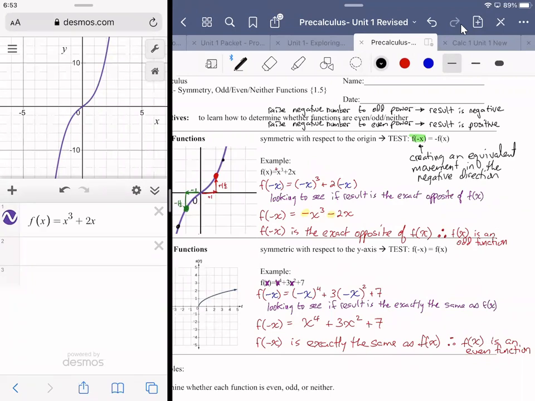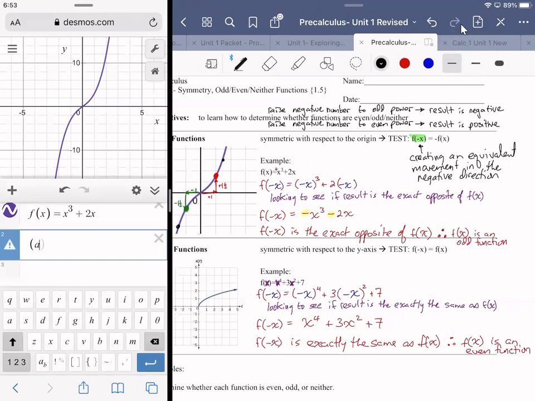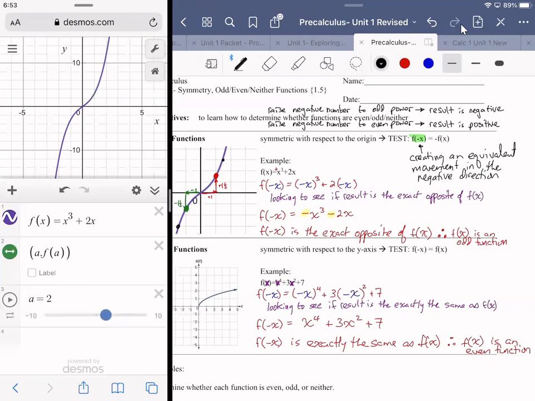All right, so let me see if I could show you very quickly what that would look like. So I'm going to just plot a point, and it doesn't really matter what I'm typing in, it's just the visual that's going to matter more than anything else. A comma f of a. Right, I just need a point that'll slide. All right.